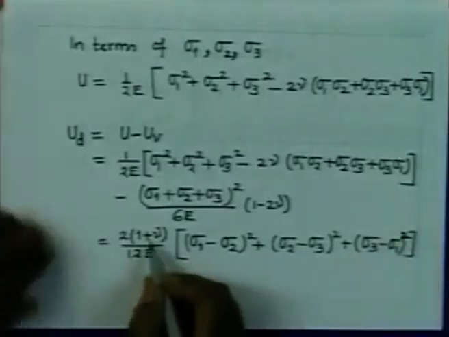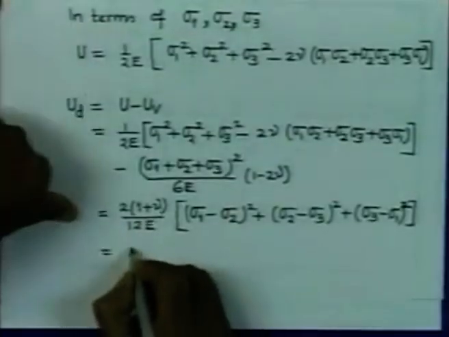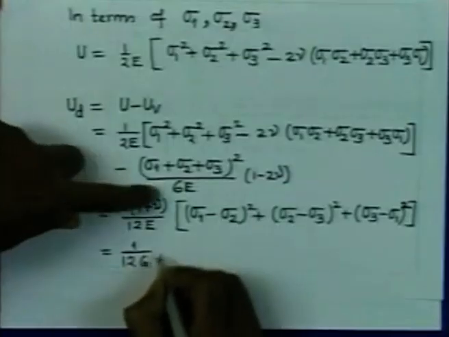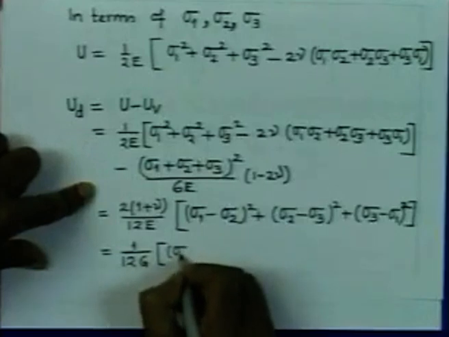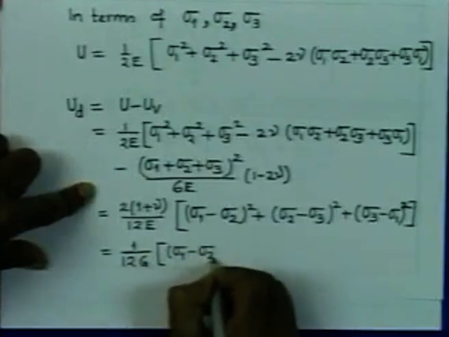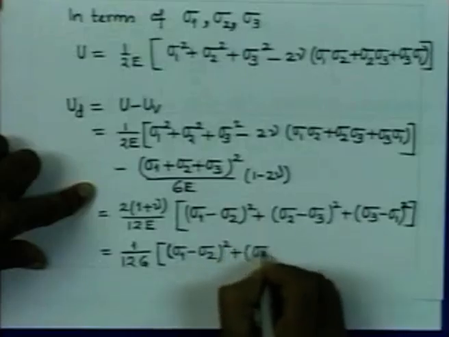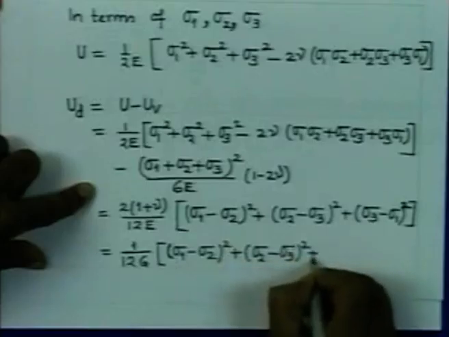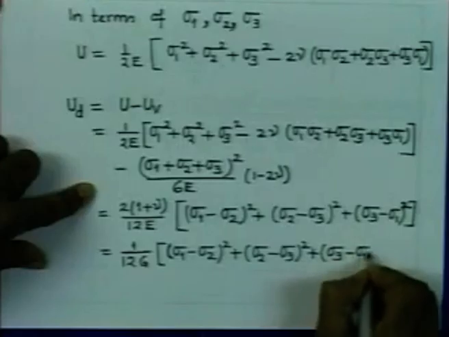And since E by 2 into (1 plus nu) is G, we can write this thing as 1 by 12G [(sigma 1 minus sigma 2) whole square plus (sigma 2 minus sigma 3) whole square plus (sigma 3 minus sigma 1) whole square].